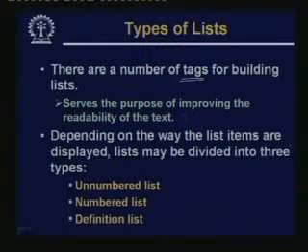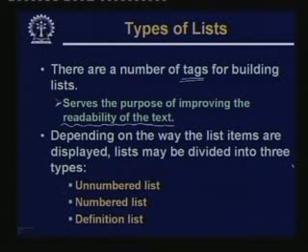So, the visual impact of the document plays a very big factor in understanding or comprehending the content. So, the lists are one of the ways in which you can have some structure visible in the document which can be understood quite easily. So, the primary purpose is, as I mentioned, to improve the readability of the text that you are formatting.